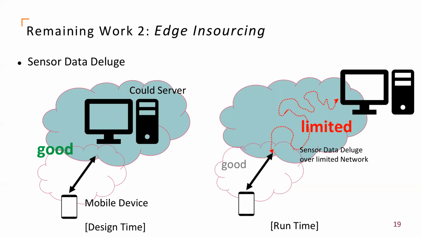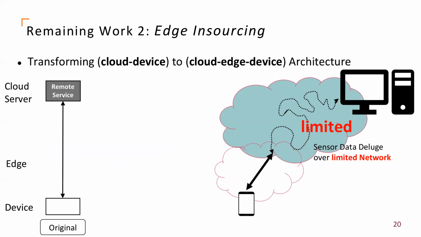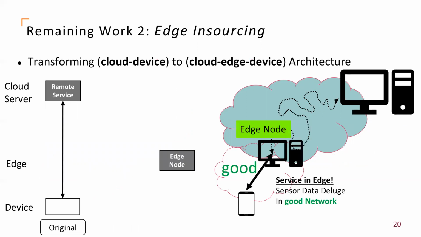Similarly to mobile computing, we are extending our approach to edge computing. At runtime, the cloud network can be limited in reality. Then the server data deluge can significantly cause a performance problem. Edge computing is a solution, as edge nodes and devices can produce and consume data in a fast edge network.